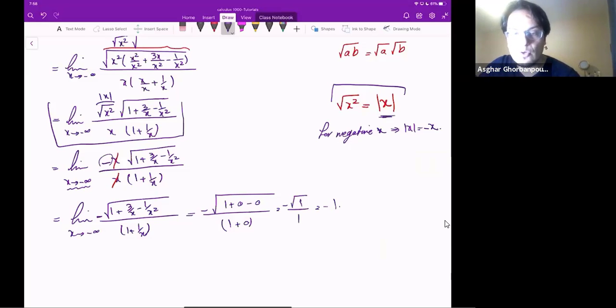Absolute value of a negative number, for example absolute value of -1 is 1. In other words, for negative numbers, we have to multiply another negative sign to that number to make it positive. That's why this absolute value here turned into the whole negative x there.